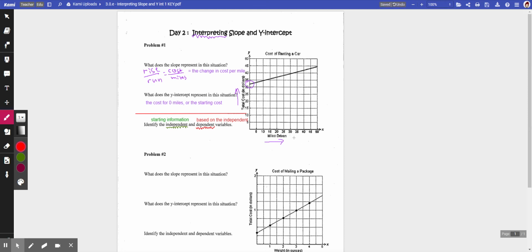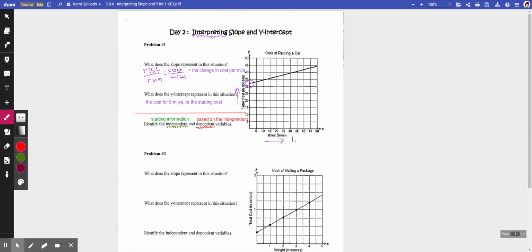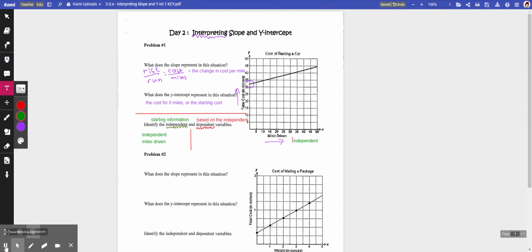X is always going to be your independent variable. So independent is your miles driven, and then your cost is based on how many miles you drove. So that's your dependent. So your dependent is the cost.